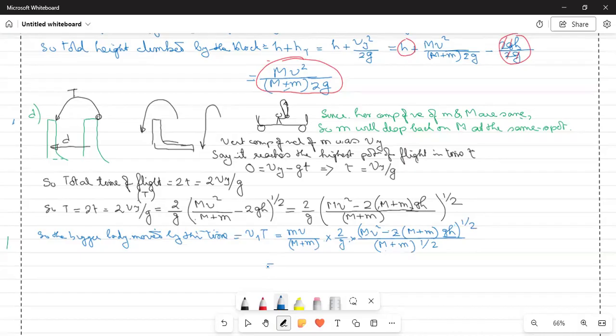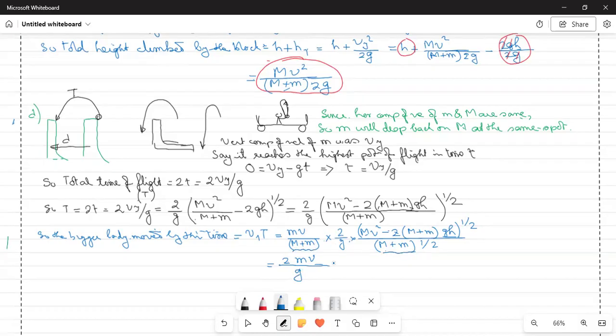So this becomes 2 small m v divided by g, because this capital M plus small m and this one will go together.